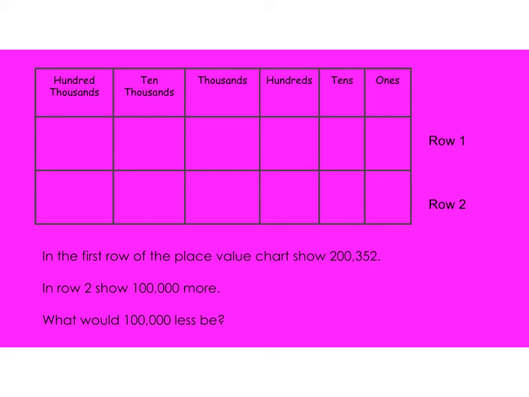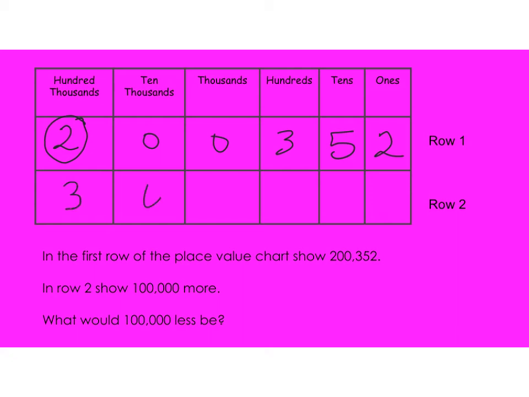Okay, so let's just try this again. In the first row of the place value chart, we're going to show 200,352. So let's do that. Okay, in row 2, we're going to show 100,000 more. The way that we do that is we go to our 100,000s. We see that that's a 2, so 100,000 more is going to be a 3.